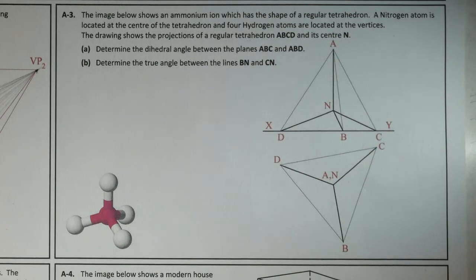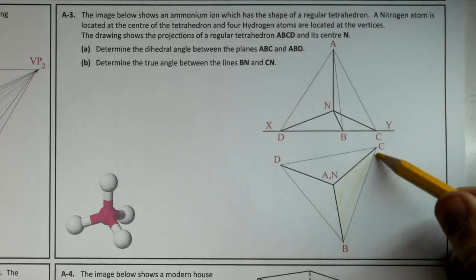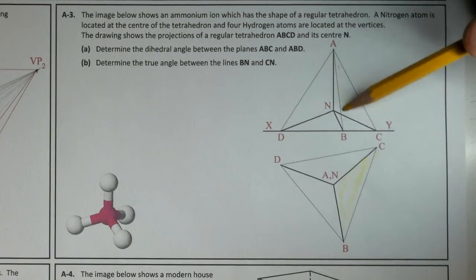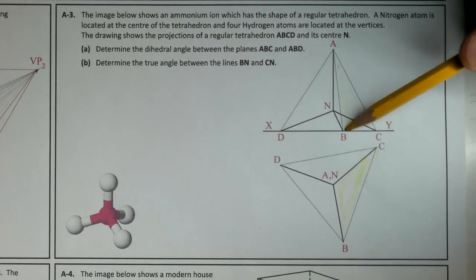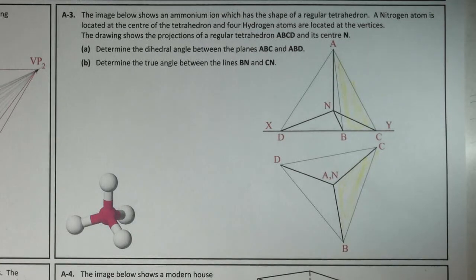What we're looking at is planes ABC. So ABC is here. So that's ABC here. And we've got plane ABD then.